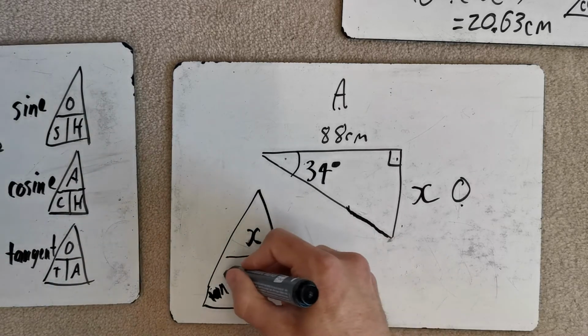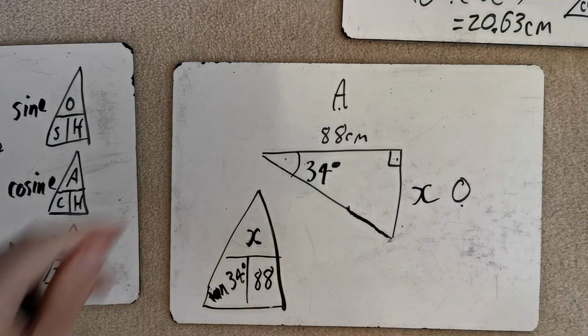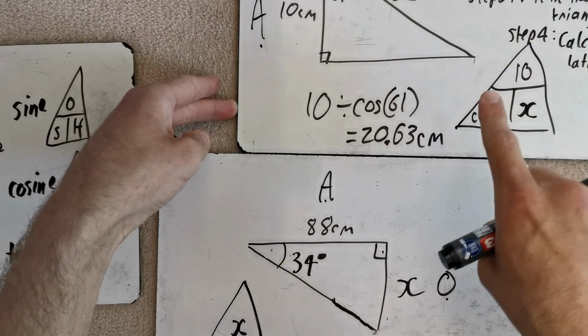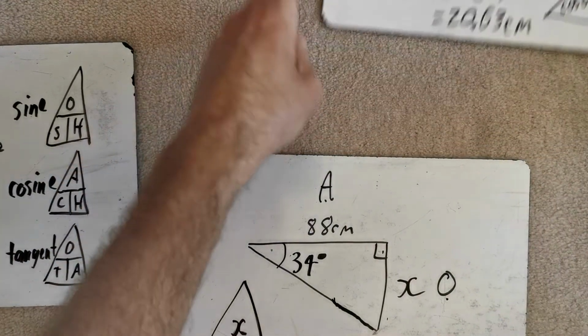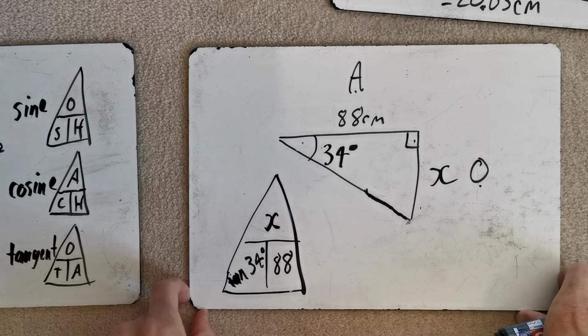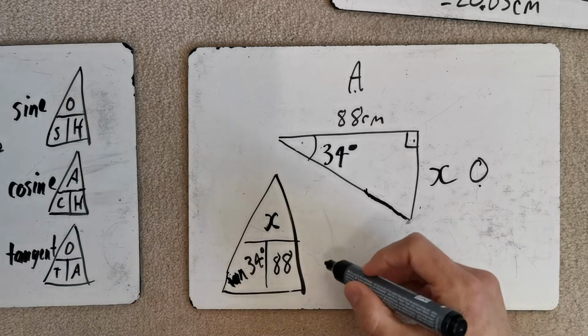Okay, and we put the angle there, tan 34. So, what calculation do we do here? They're next to each other. Remember, on this one we did before, they were above each other. Okay, 10 over cos 61. This time they're next to each other in the triangle. Do you think we still divide? Because, in fact, we multiply.